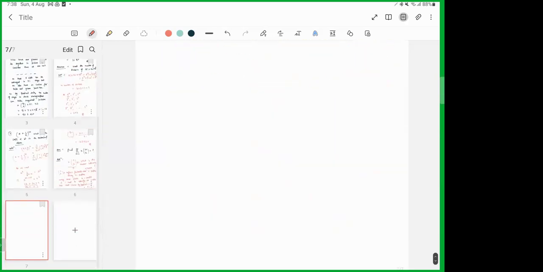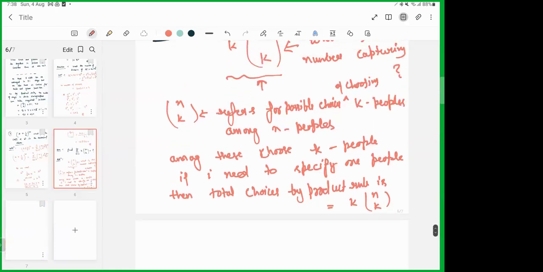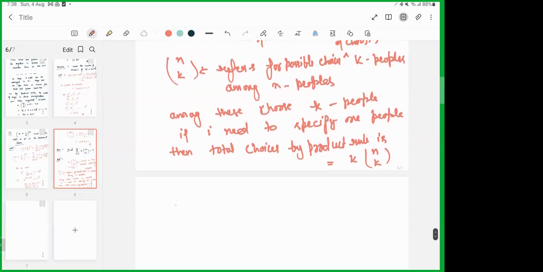Is this correct or not? Have you got it or not? Yes, correct.